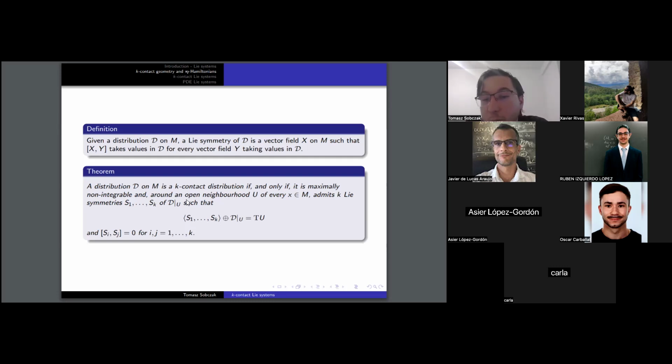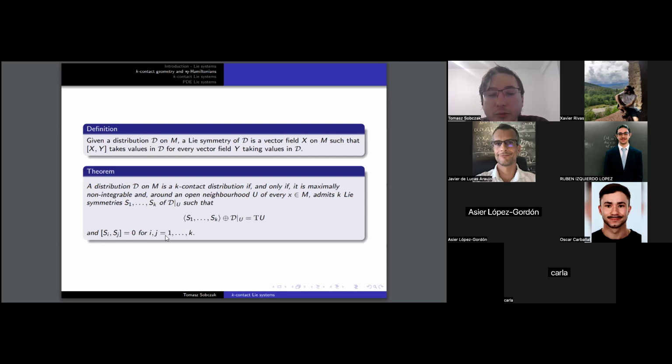Just on the open neighborhood U, we can decompose the tangent space of our neighborhood as this distribution, restricted to U, as a direct sum with the space spanned by those symmetries. And it is worth noting that those symmetries have to commute with each other, so this commutator has to be 0 for every i and j.